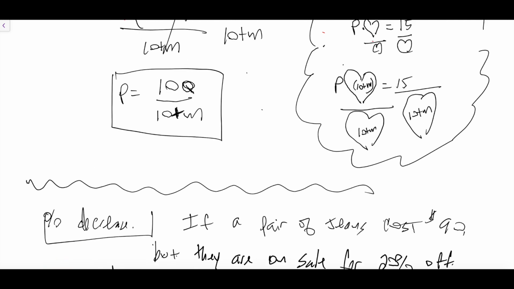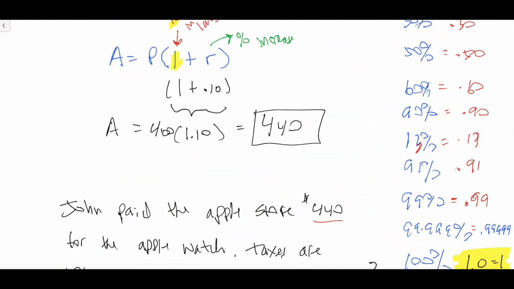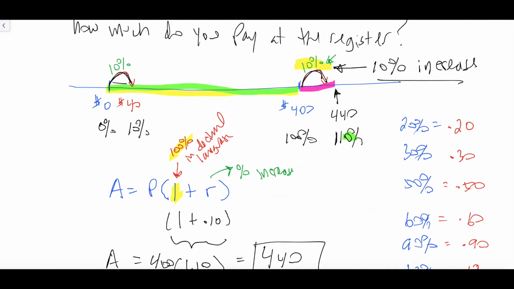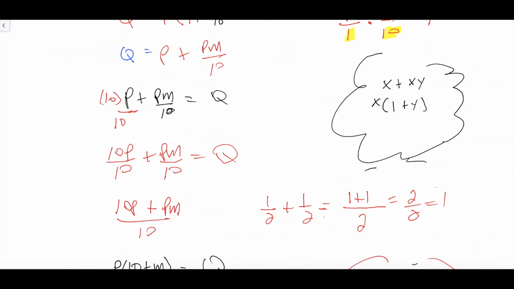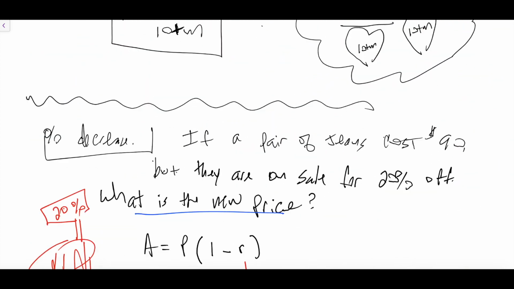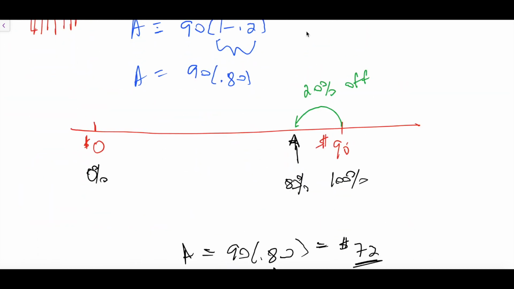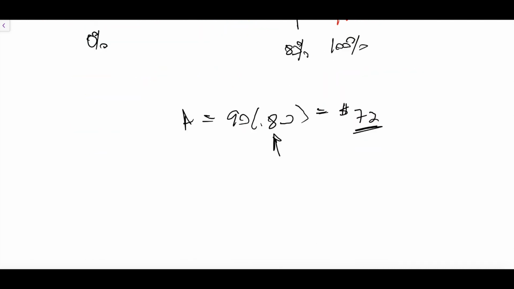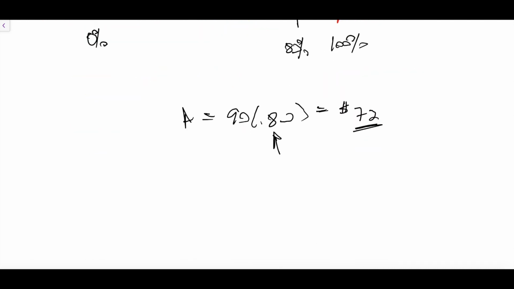In another answer you would say a 10% increase. But if the question is asking what's the percent decrease, then you would just say the percent decrease is 20%. You don't have to say minus because the question has the word decrease in it. And that's how you do all of those.